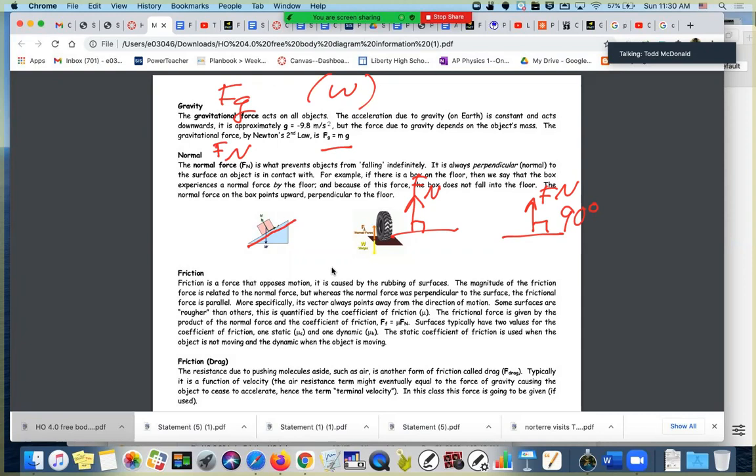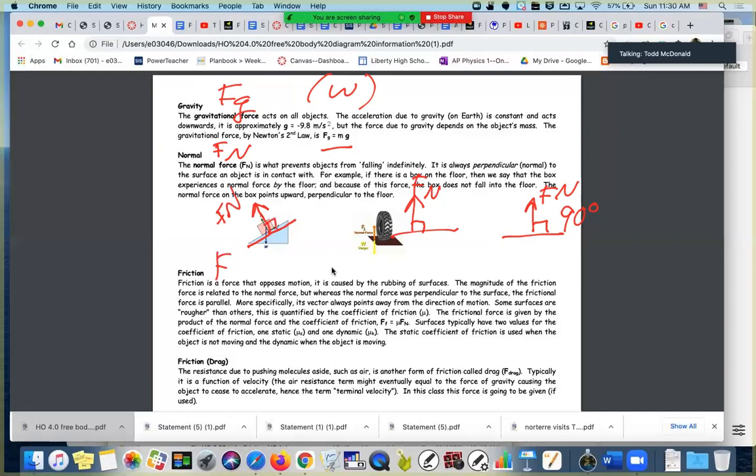And so instead of it being straight up, it's actually at a 90-degree angle this way, perpendicular to the surface. So that's what the normal force would look like there. Okay. So anytime you have an object sitting on a surface, there is a force pushing back upward, or 90 degrees with the surface. That's called the normal force. And that's what keeps things from falling through the table, or really just falling through the object or whatever it is.